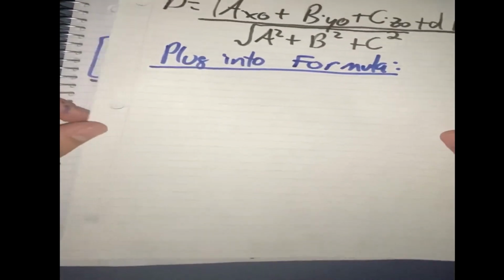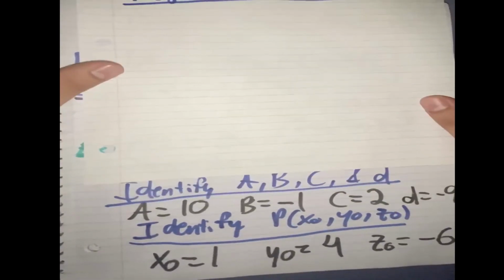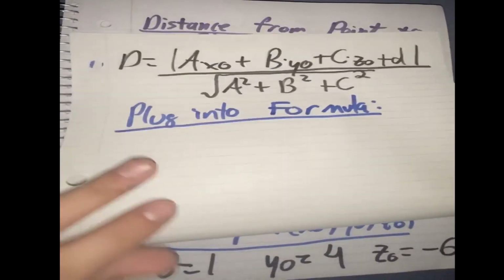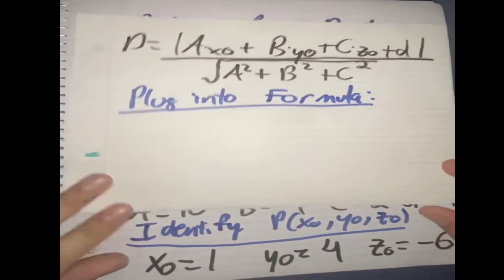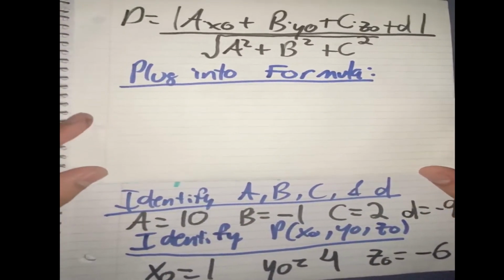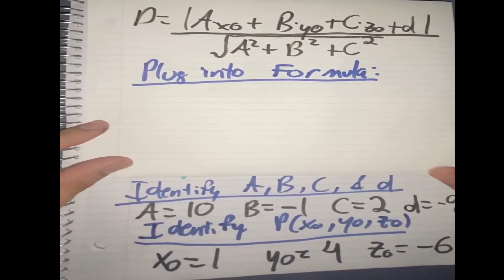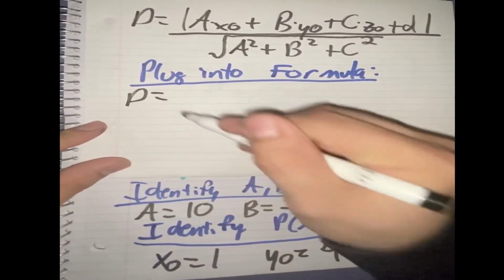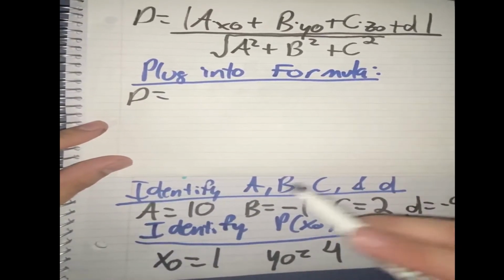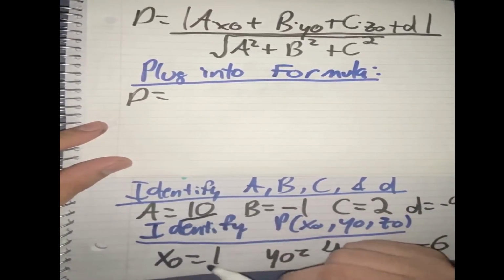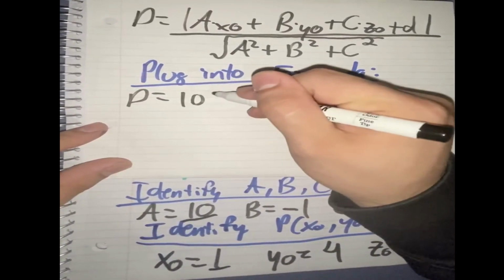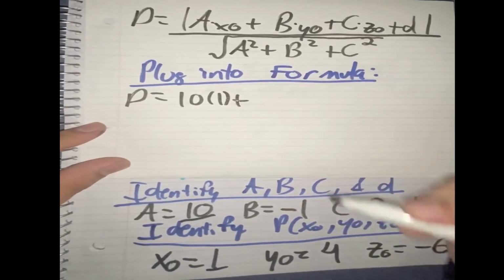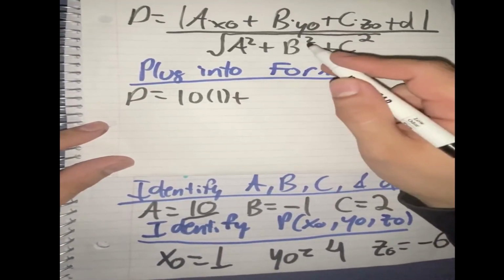So our D is equal to A times X naught. So 10 times 1, plus B times Y naught.